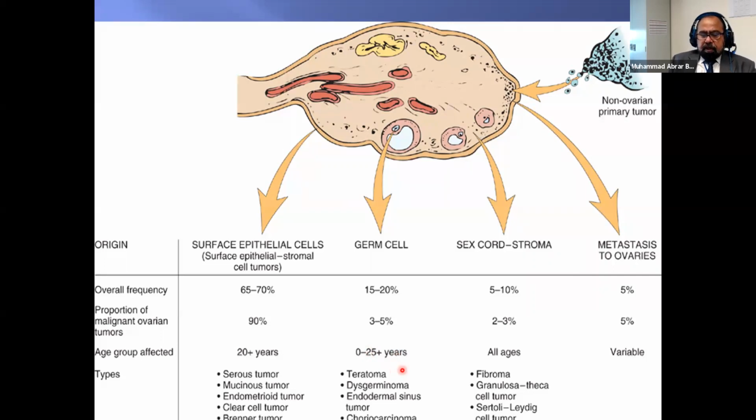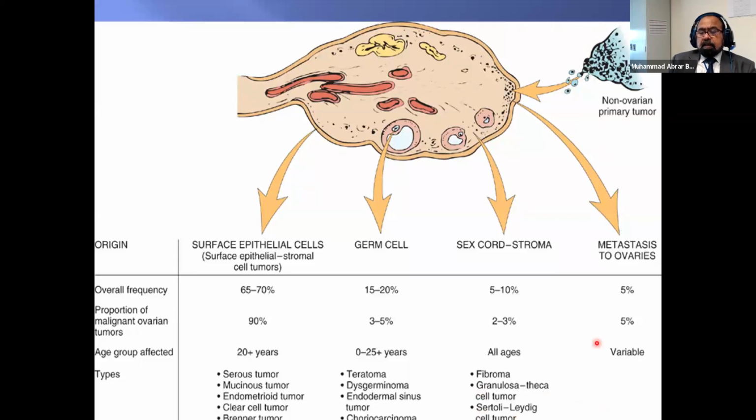The tumors are teratoma, dysgerminoma, endodermal sinus tumor, or choriocarcinoma. Regarding the sex cord stromal tumors, they account for only 5 to 10%. Malignant potential is only 2 to 3%, and they involve all ages from childhood to older ages. The important tumors are fibroma, granulosa cell theca tumor, or Sertoli-Leydig cell tumors.